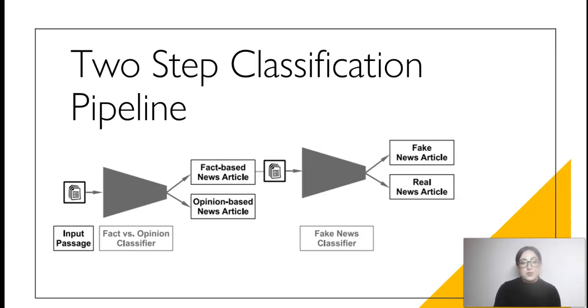So by filtering out those opinion-based news articles, we're filtering out news articles where it's potentially impossible to actually say whether they are real or fake, and how they've been labelled in training data that we found in open source data sets.